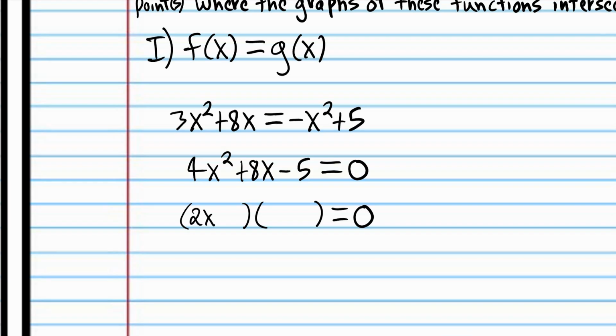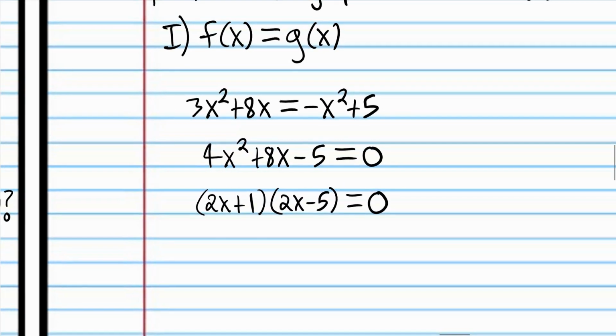I'm going to try 2x and 2x. 2 times 2 is 4. And I'm going to try negative 5 and positive 1. 1 times negative 5 is negative 5. But I don't know if this is the proper factorization, so we have to check.